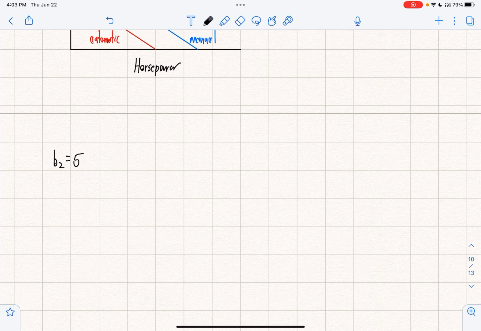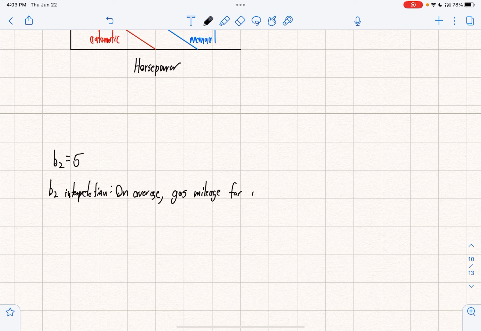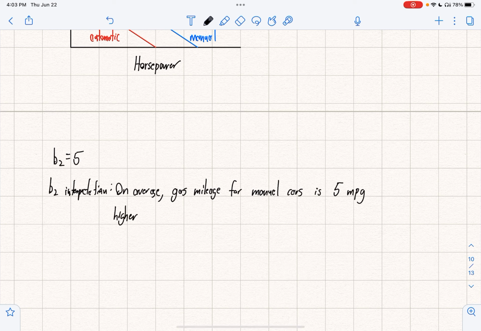So if we were to give an interpretation of b2, we would say, on average, gas mileage for manual cars is 5 miles per gallon higher than automatic cars given the same horsepower.